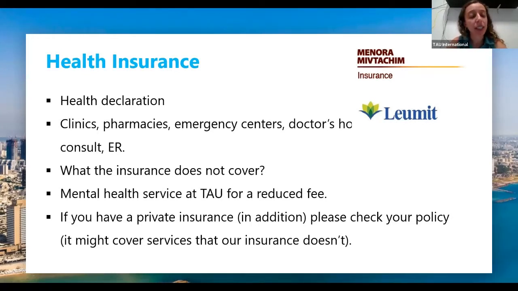You will receive this health declaration from our housing coordinator in the next few weeks, and then you'll have to fill it in and send it back so we can send it to our insurance company and make sure that you're all insured. So it's very important to fill in this health declaration prior to your arrival.